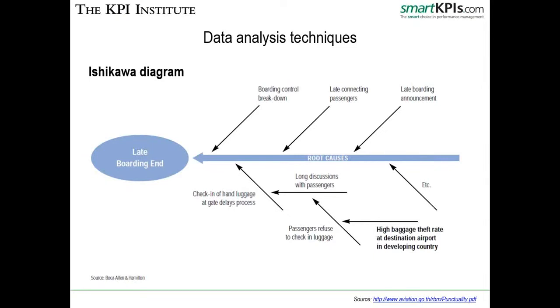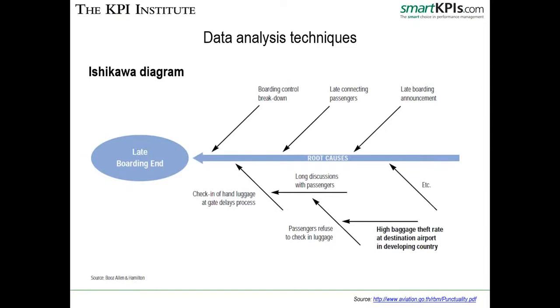In this case, we are talking about late boarding, and we can identify certain issues that can emerge: boarding control breakdown, late connected passengers, late boarding announcements, checking of hand luggage at gate delays process. All this can trigger a late boarding end. Now, these are symptoms that cause a problem. We'll need to look at the root of these symptoms.